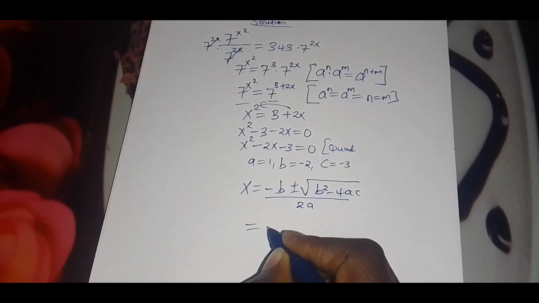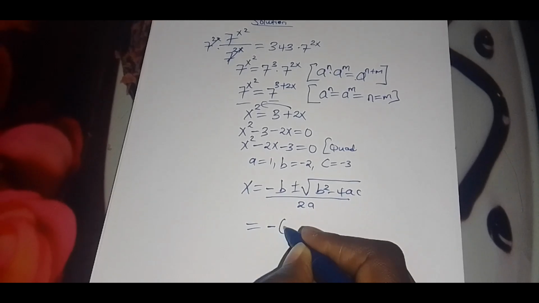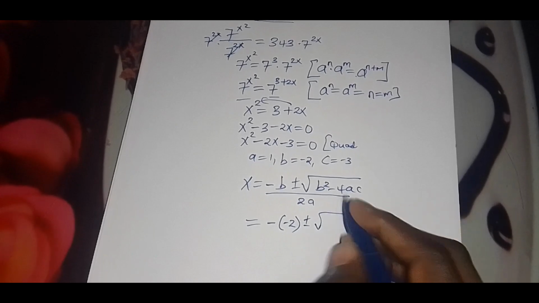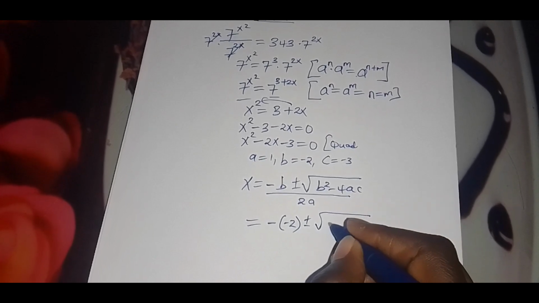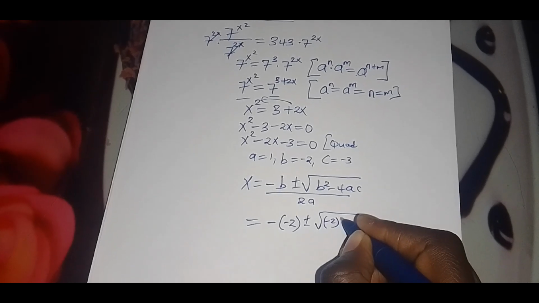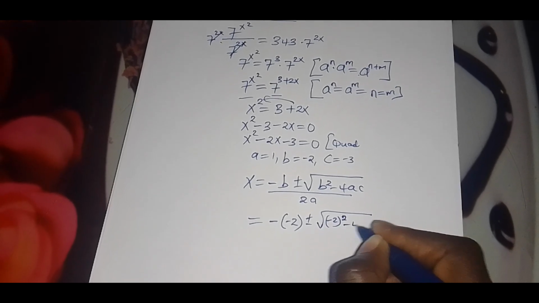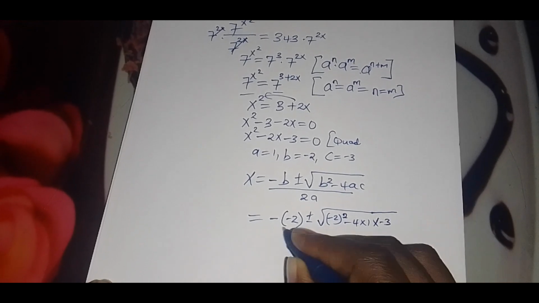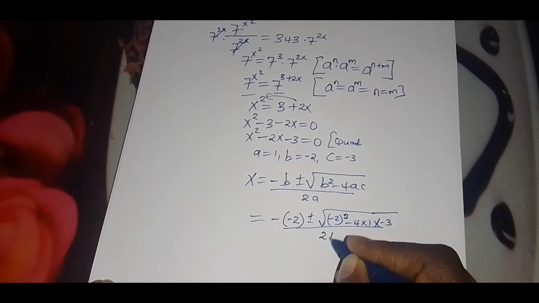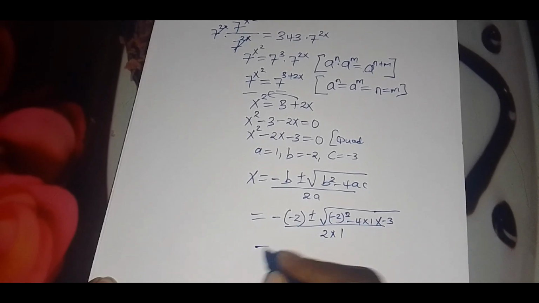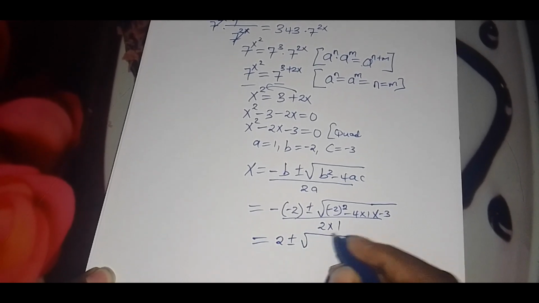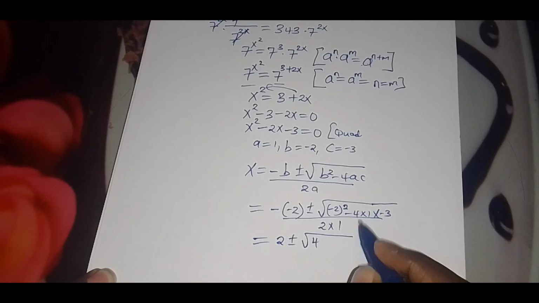Okay, so that we'll have minus -2 plus or minus the square root of -2 squared minus 4 times 1 times -3, divided by 2 times 1. So this is equal to 2 plus or minus the square root of 4.